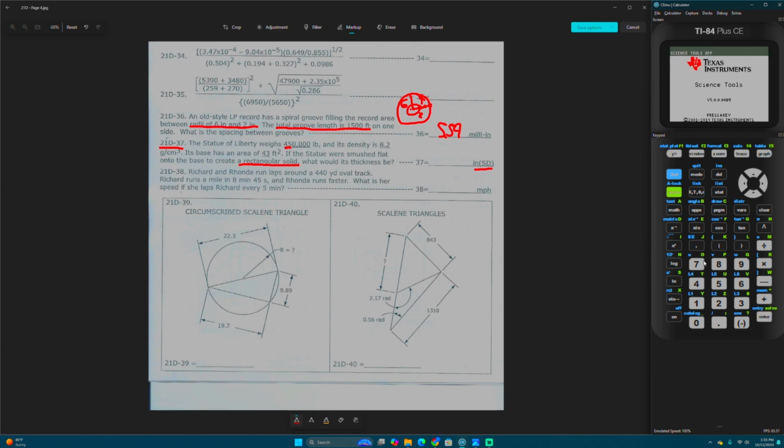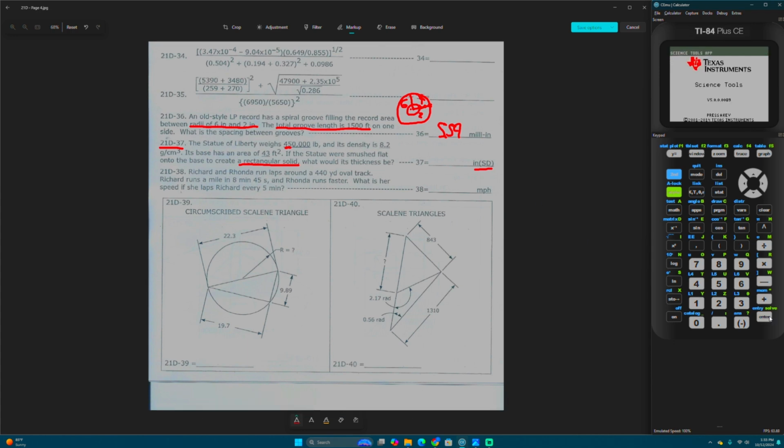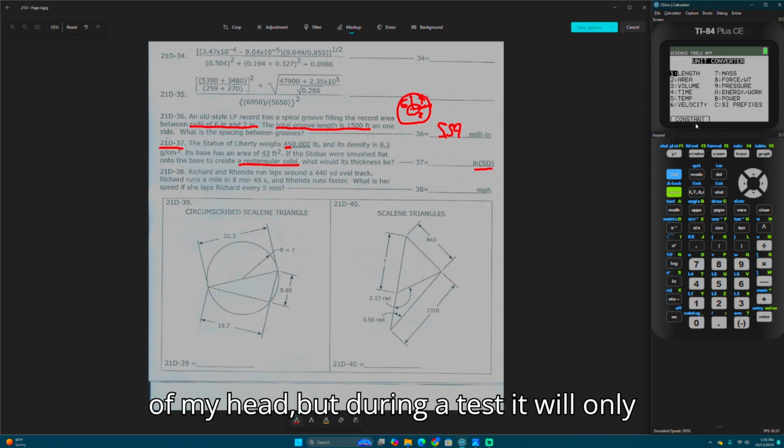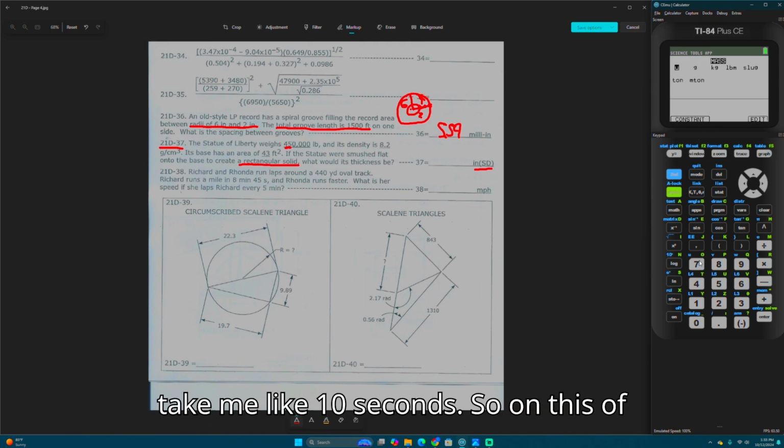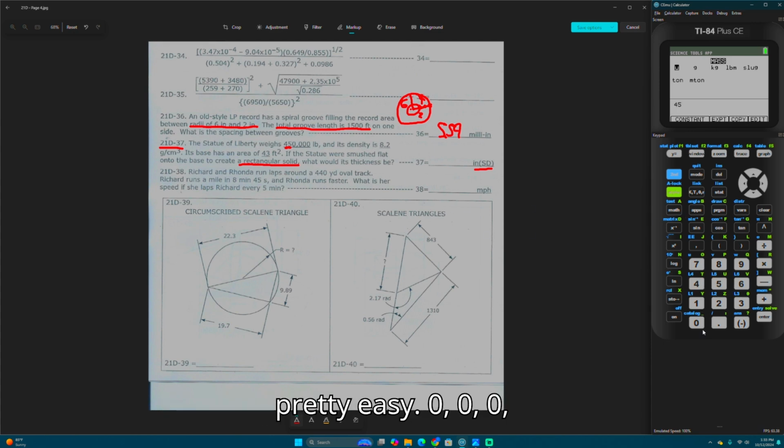So side tools. First, let's go from pounds to grams. I don't know the conversion off the top of my head, but during a test, it'll only take me like 10 seconds. On this, of course, it's a little bit harder since I'm having to use a mouse, but it's still pretty easy. Pounds to grams. And we're going to export that.